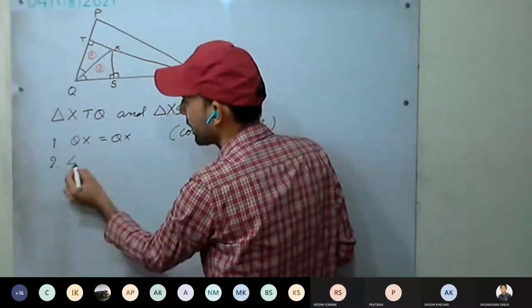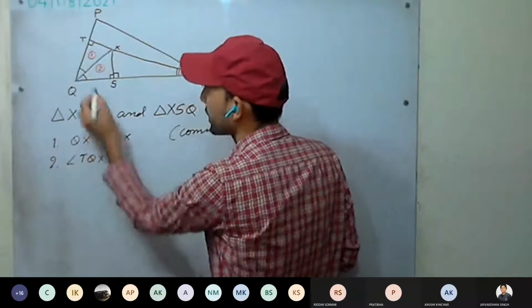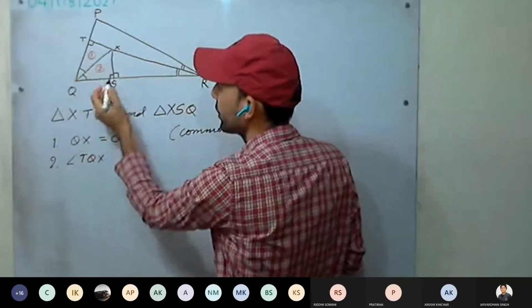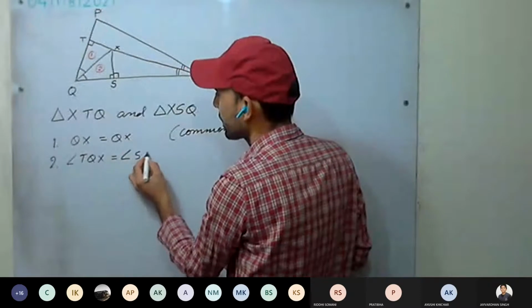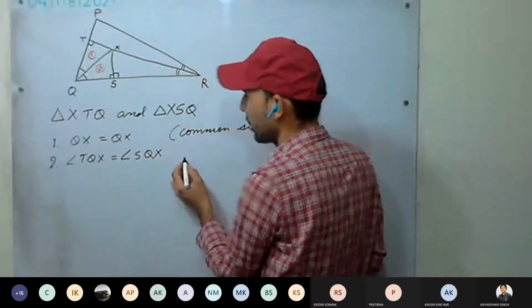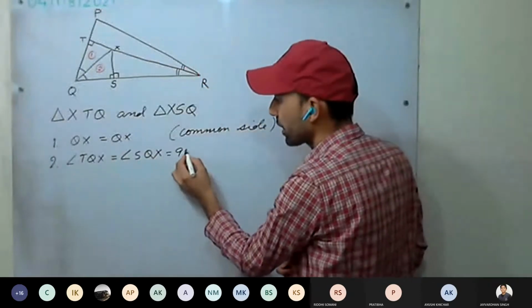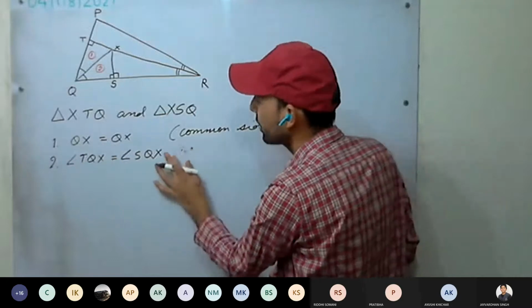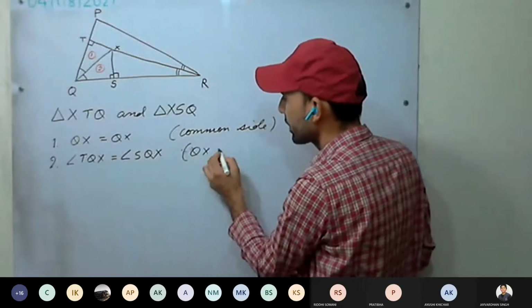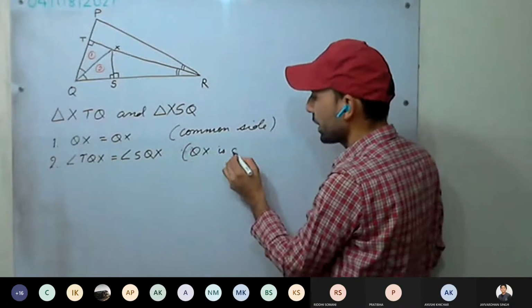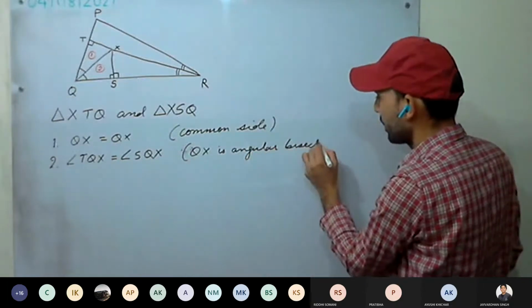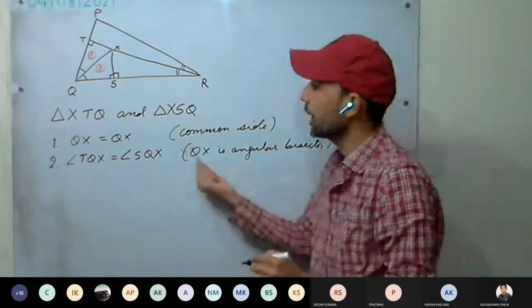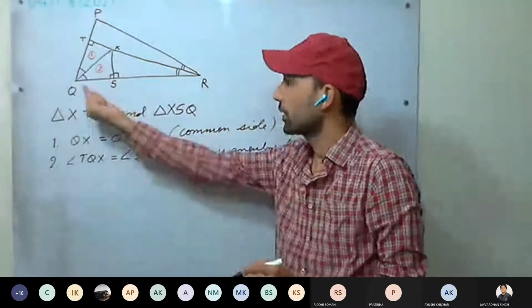Angle TQX, it will be SQX. Both are equal, since QX is the angular bisector, or you can say QX bisects angle Q.